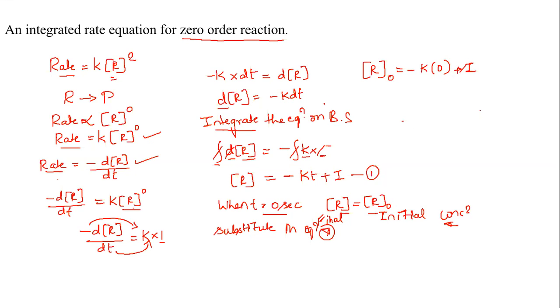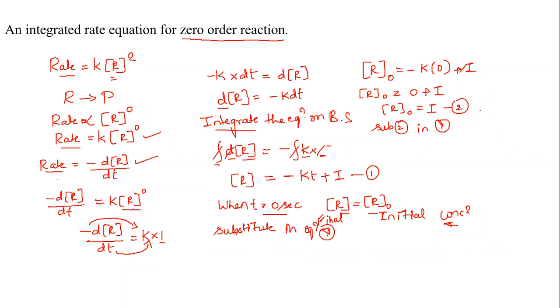Okay. So now what am I going to get? R naught as it is equal to, now K into 0 is nothing but 0, plus I. So R naught value will be equal to I. Consider this as equation 2. Now substitute equation 2 in equation 1.